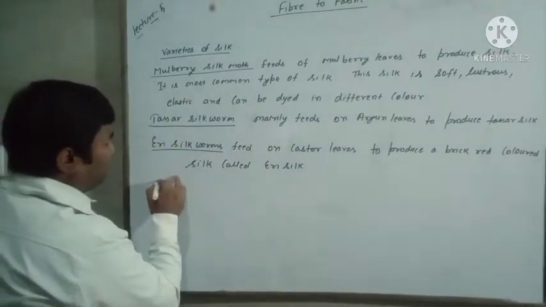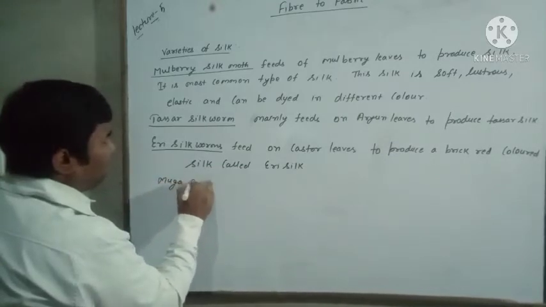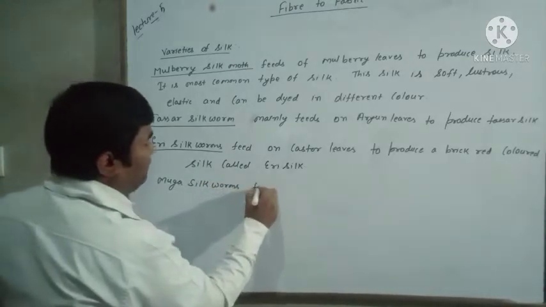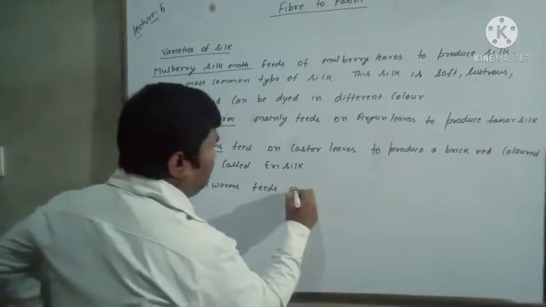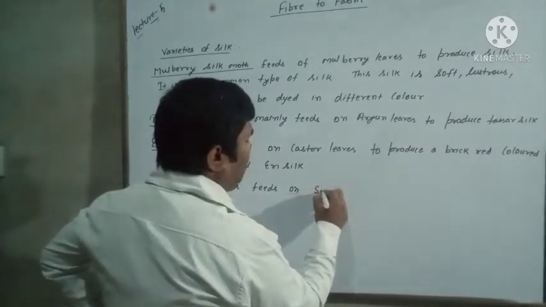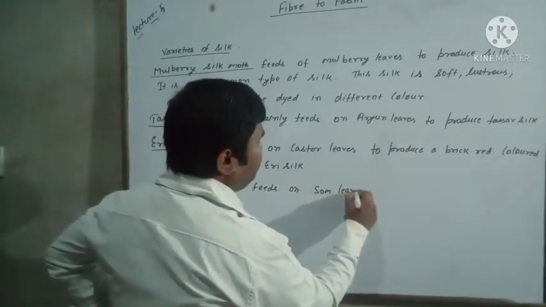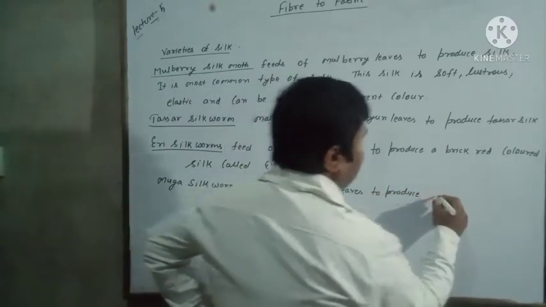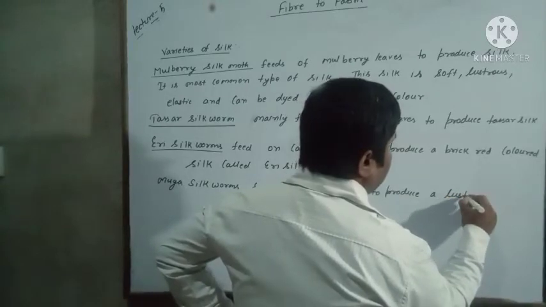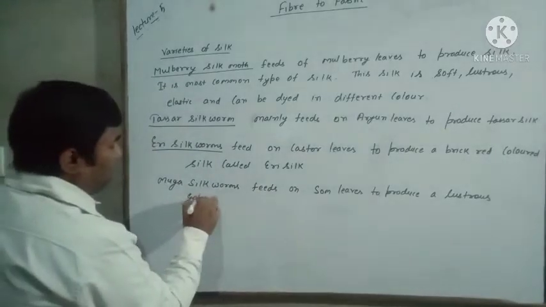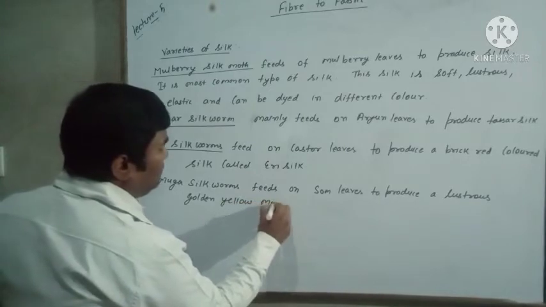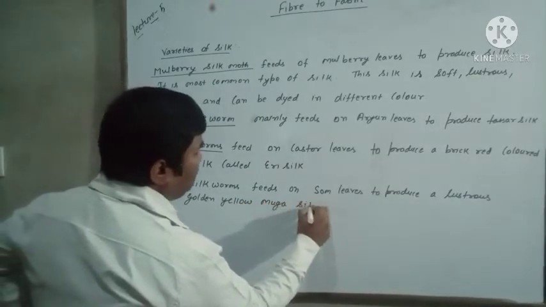Next is the Muga silkworm. It feeds on som leaves to produce a lustrous golden yellow Muga silk.